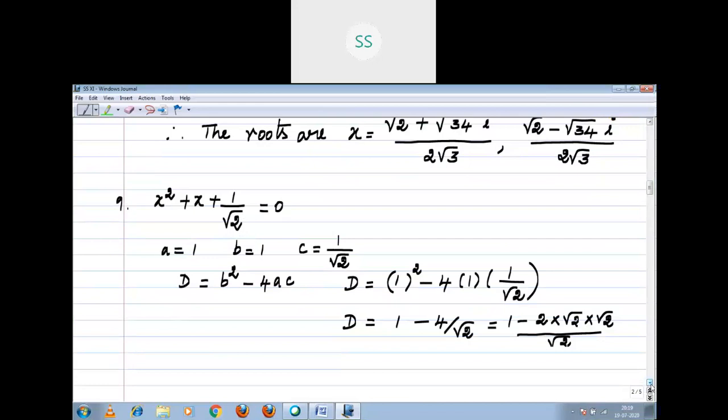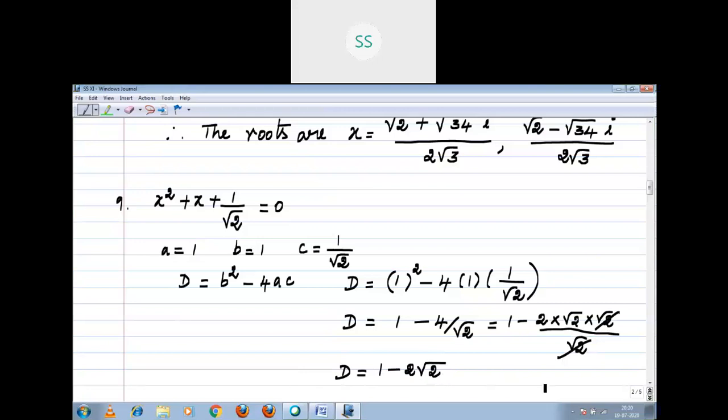Sorry children, the root 2 is applicable only for 2 into root 2 into root 2, so I put a common, no, that is not correct. Then what is your D now? D is equal to 1 minus 2 root 2.